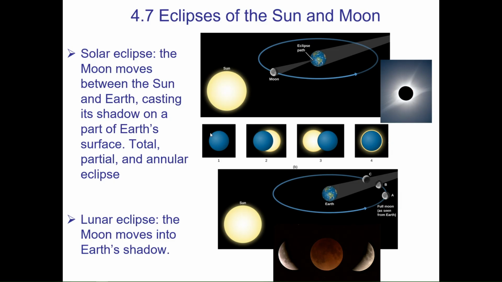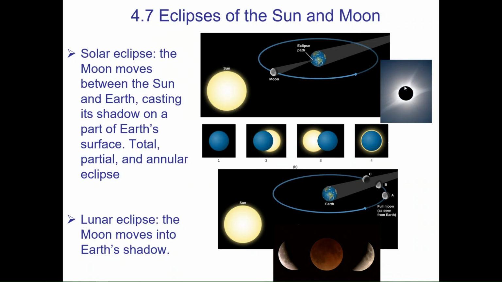And this is an illustration of a total solar eclipse. The real picture of a total solar eclipse looks like this. You can see the primary disk is covered by the shadow of the moon. However, the sun still has what you call the corona. This actually is not very bright.